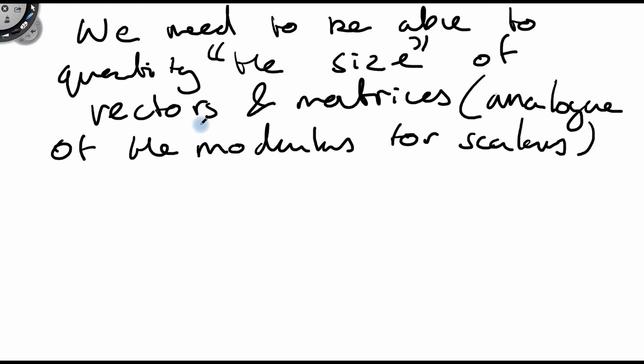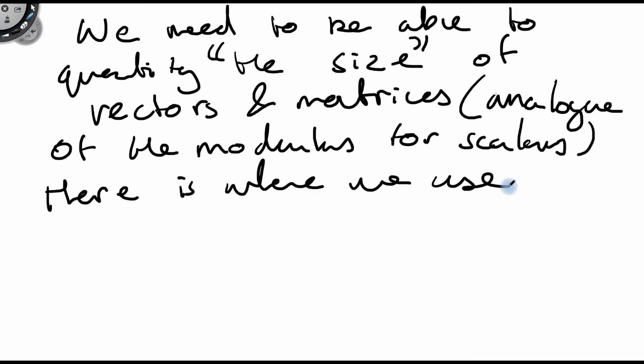Now we need to find the equivalent. What's the equivalent of modulus for vectors and matrices? So here is where we use norms. And once we've got this in place, then we can proceed with our convergence analysis.